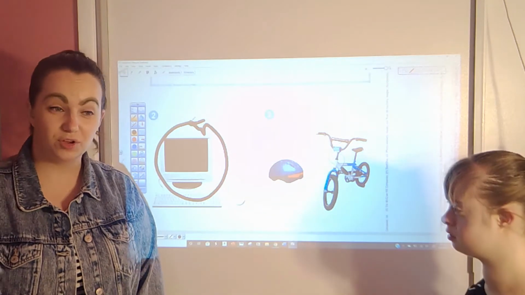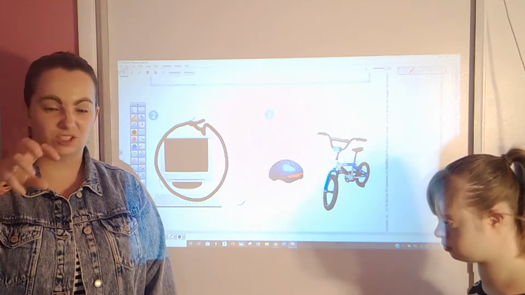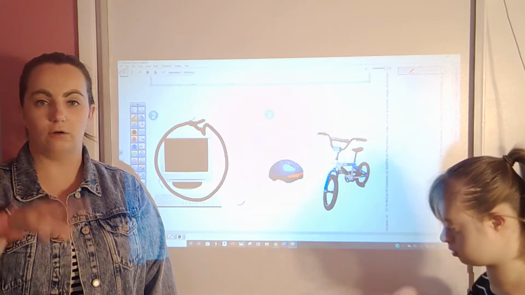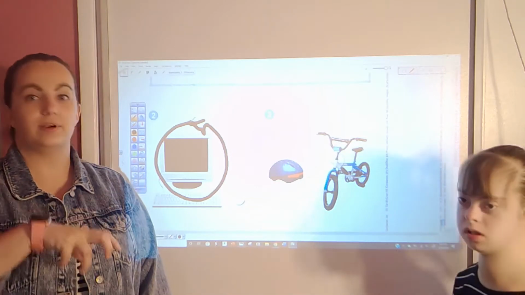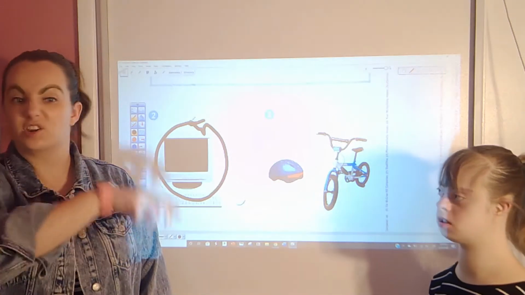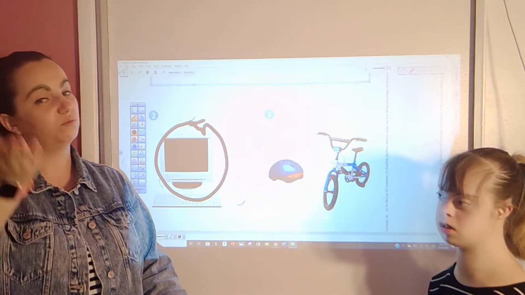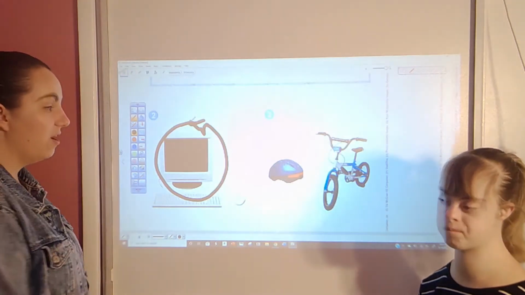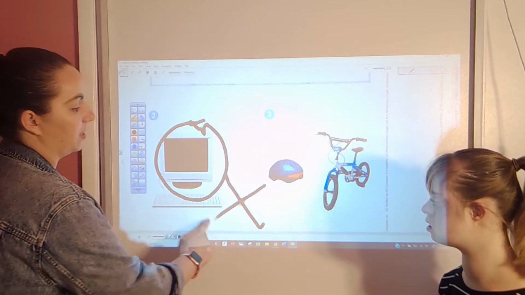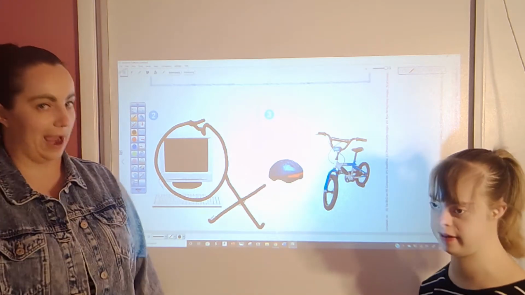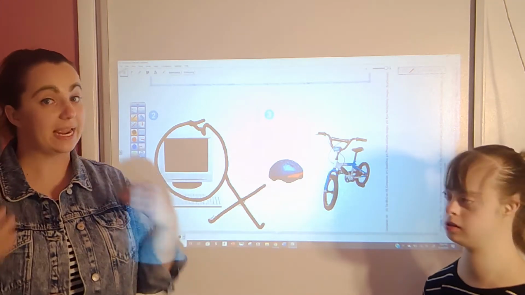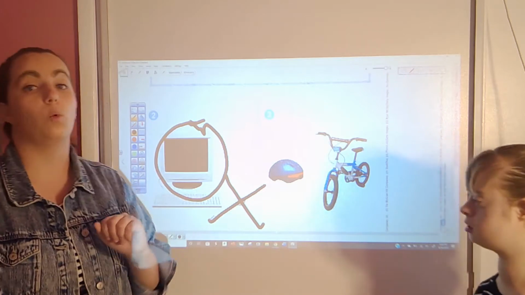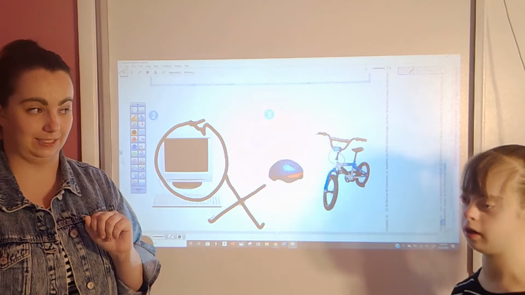Yes, the computer mouse. Like at school, we've used computer mouse or mice before. They're pretty light. You pick it up, you move it with your hand. Computer mouse, pretty light. So we'll go ahead, put an X through the computer mouse. Nice job. We just got our first real taste here of comparing the weight of objects.